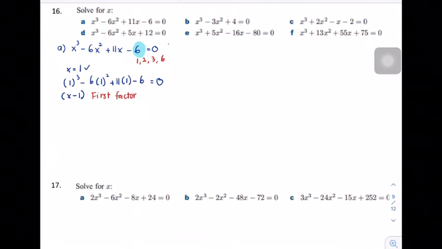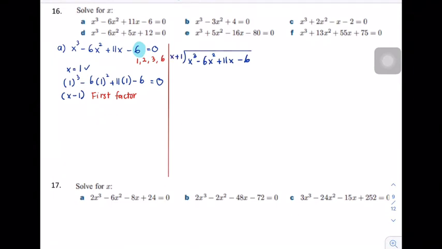Okay, next, what do we do? Yes, we do long division. Long division of your cubic equation dividing with the first factor. So x cubed minus 6x squared plus 11x minus 6, we will divide by x minus 1, our first factor.